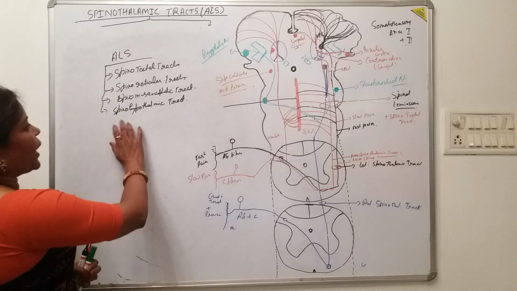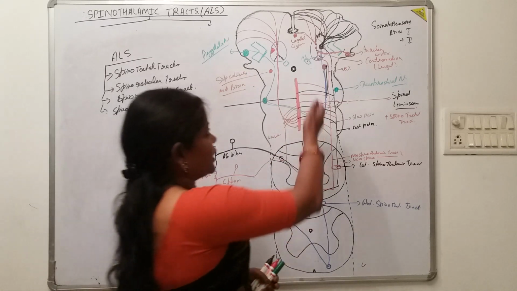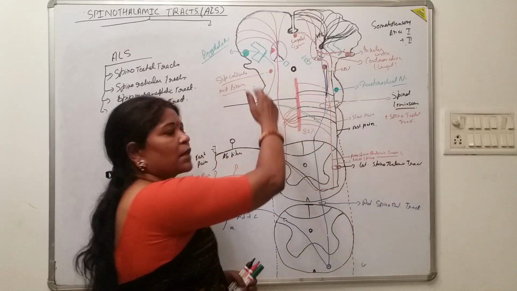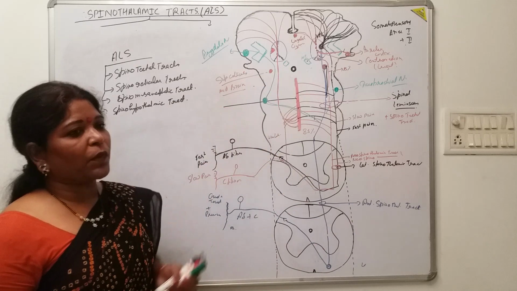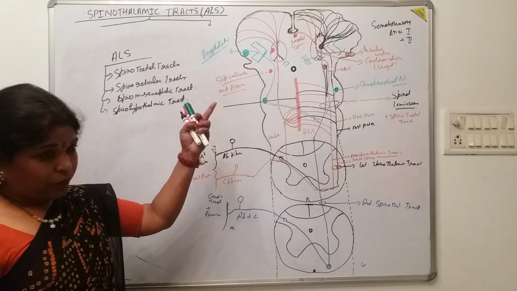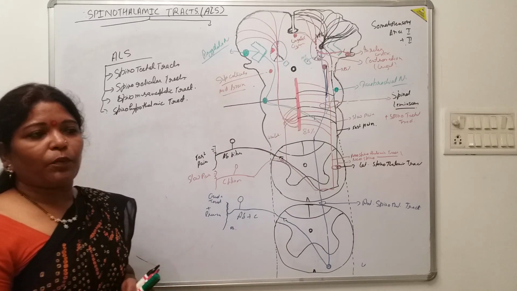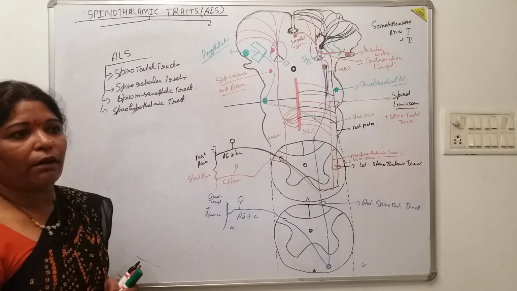Now the spinohypothalamic tract we have dealt with here. The hypothalamus is just below the thalamus, and some collaterals are given to the hypothalamus, which deals with the autonomic response, that is the increase of blood pressure, respiratory rate, heart rate, like that.